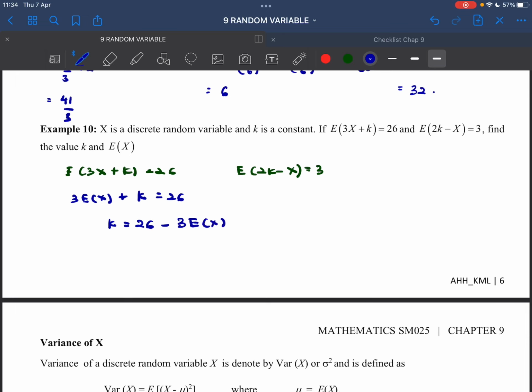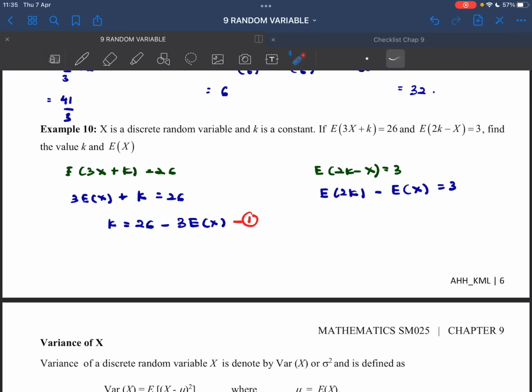Let this be the first equation. Next, E(2k minus X) equals 3. You know that 2k is a constant, so by using property number 1, this just stays as 2k minus E(X) equals 3. Let's put this as the second equation. So we are going to substitute 1 into 2.